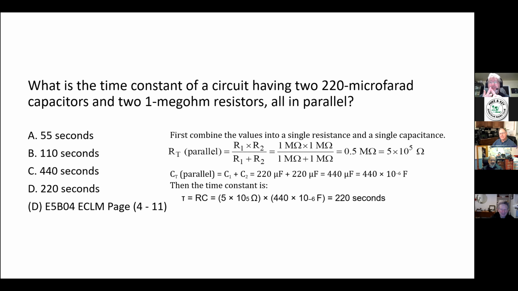Is the goal to pass the test, or to understand and pass the test? Understand and pass, but there's certain things that are above my pay grade, like with this one, I just memorized 220, good, done.